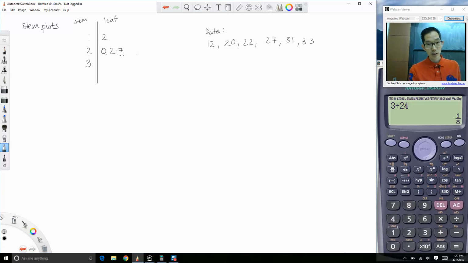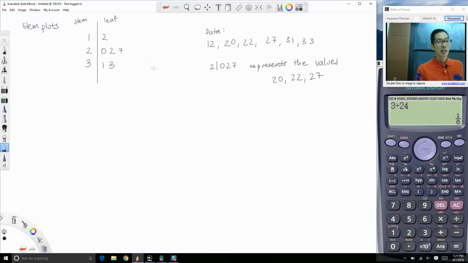Okay, so this row right here, 0, 2, 7, represents the values 20, 22, and 27. Okay, so what goes in this last row right here? 1 and 3. Okay, and that's basically it.